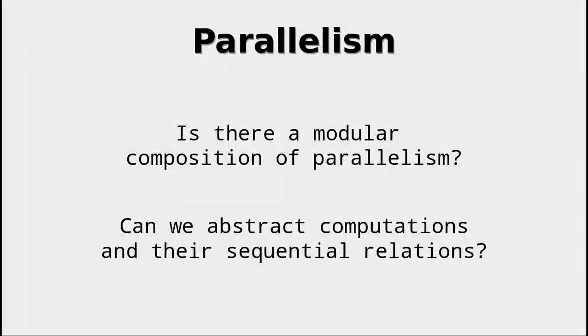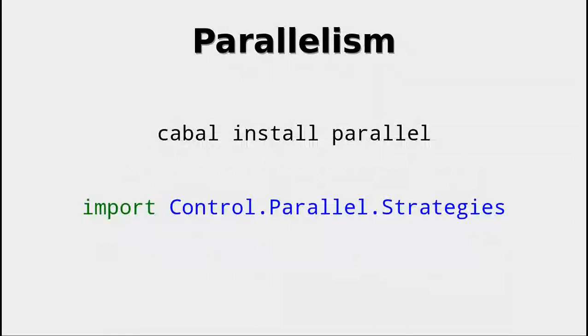Well, yes, we can, and the answer is parallel Haskell. In the video on concurrency, we have seen concurrent Haskell, but this is parallel Haskell. But it's not part of the standard Haskell environment, so we have to install it with Cabal, for example. And then we can import it like this.